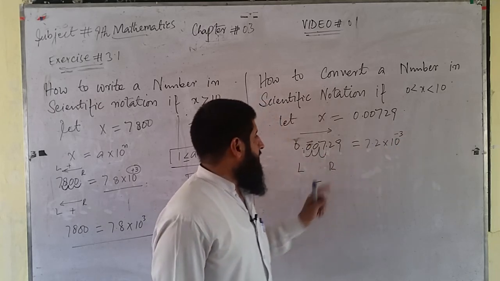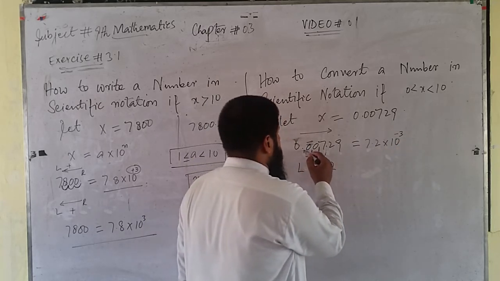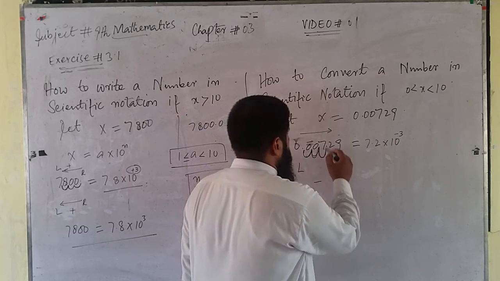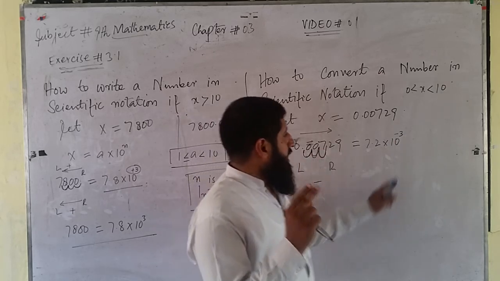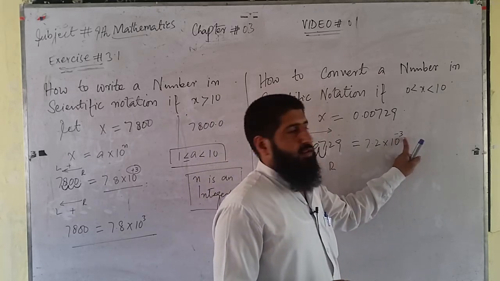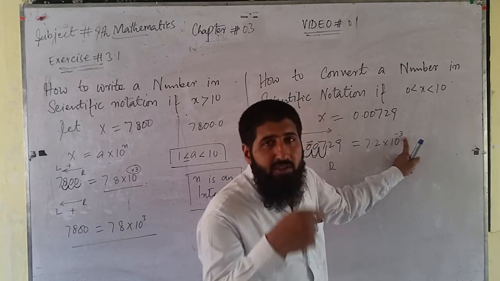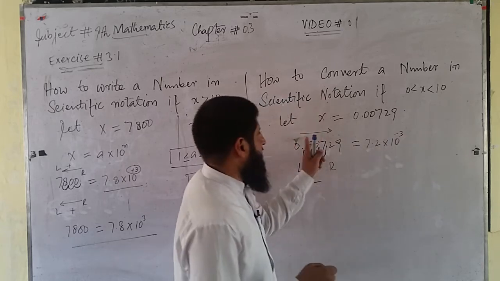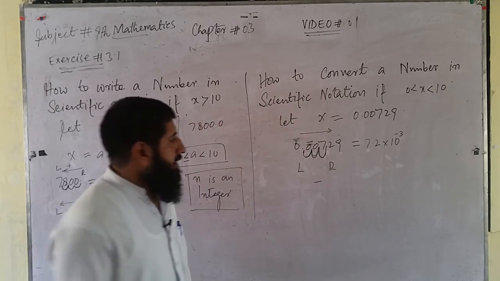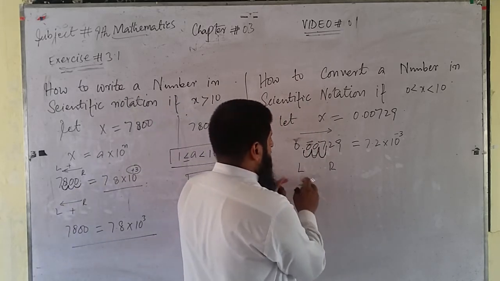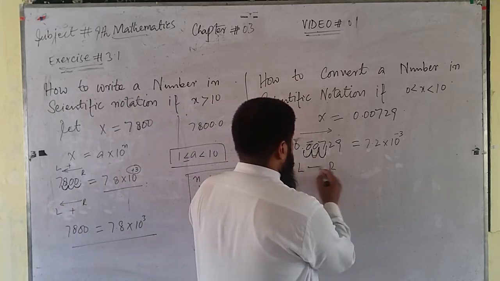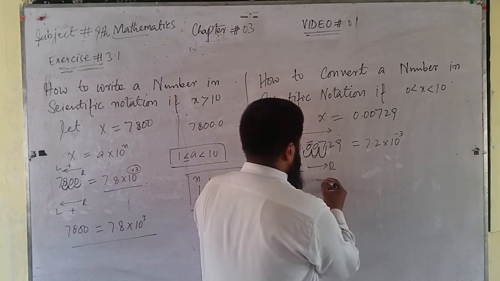Through how many digits have we moved the point? 1, 2, 3. Through 3 digits, so it will be 3. Positive 3 or negative 3? It depends upon the direction of movement of the point. If the point moves from left to right, then its symbol will be negative.